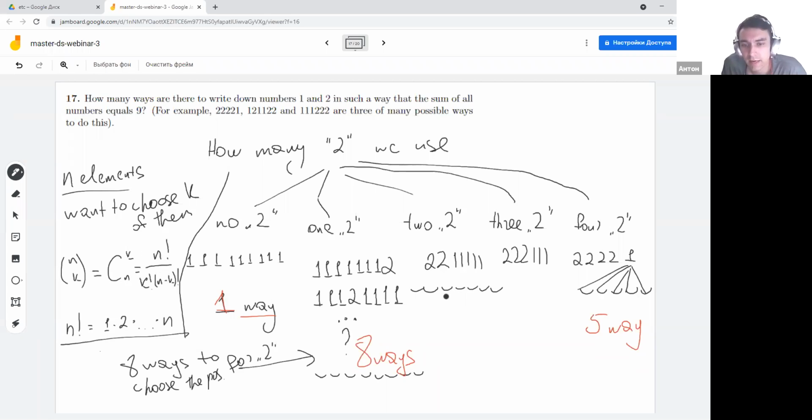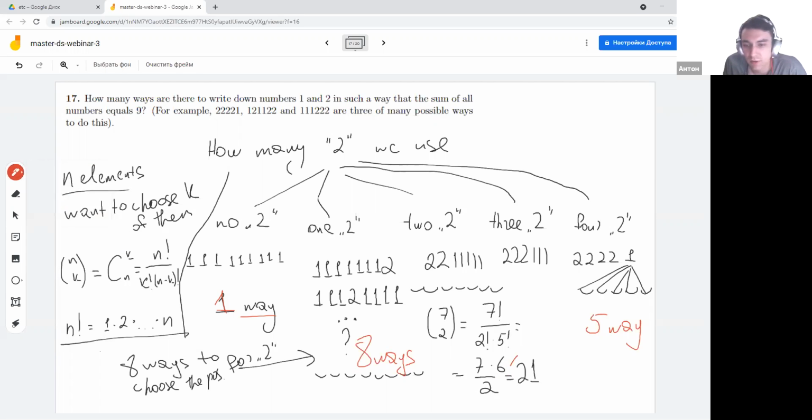And here I want to choose from 7 positions the 2 which correspond to 2s. So I want to compute 7 choose 2, which is 7 factorial over 2 factorial times 5 factorial, which is actually 7 times 6 over 2, which is 21.